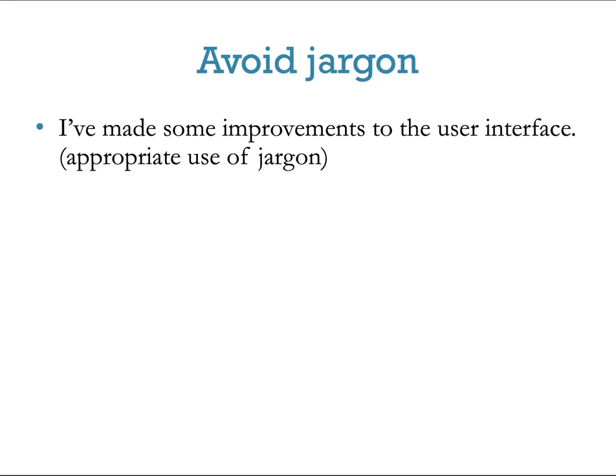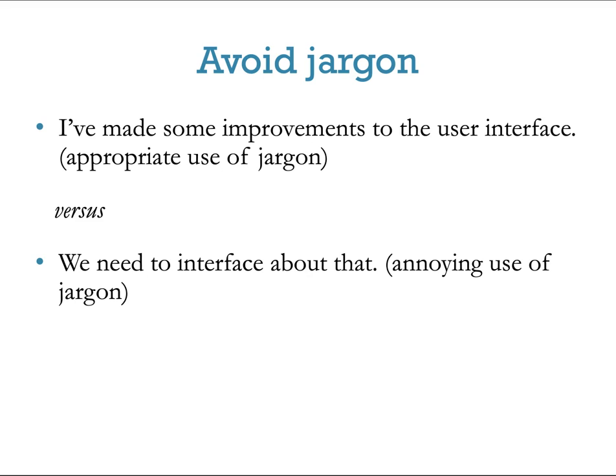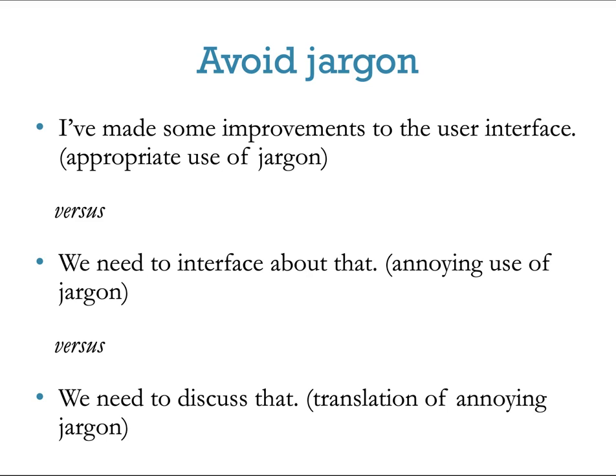That's a good use of jargon. Versus, we need to interface about that. Yes, that kind of thing. And picture somebody putting their fingers together and making that interface face, because I think you know what I'm talking about. Versus, we need to discuss that, which is really all you need to say.